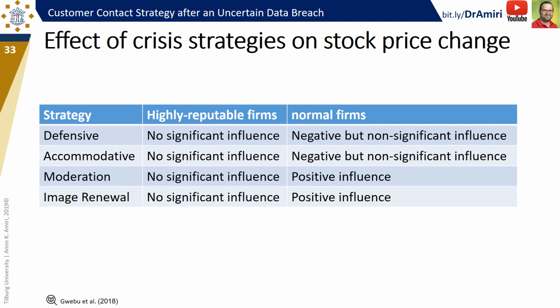Normal firms are going to be affected by taking different customer contact strategies. That usually happens because these great names, great brands have demonstrated many capabilities over the years, so investors discount just one negative issue, as bad things always happen.